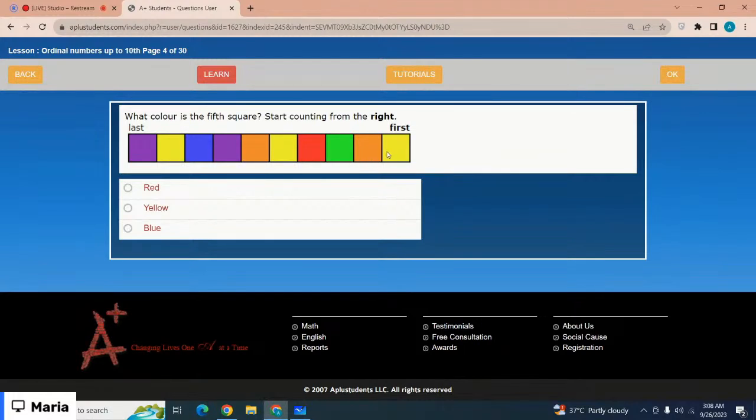So, first, second, third, fourth, and fifth. The fifth one is yellow. That means the fifth square is yellow.